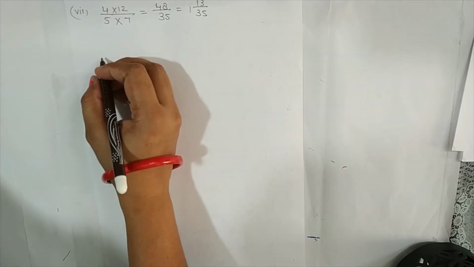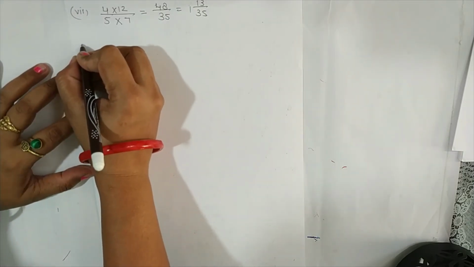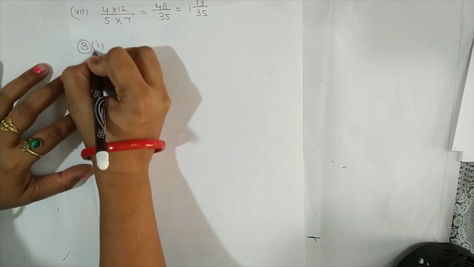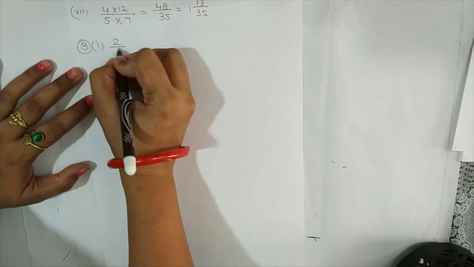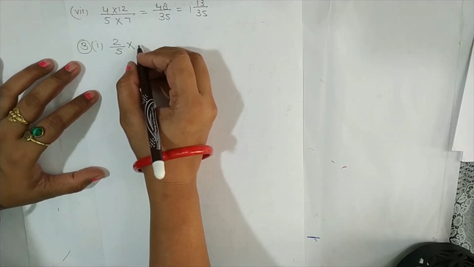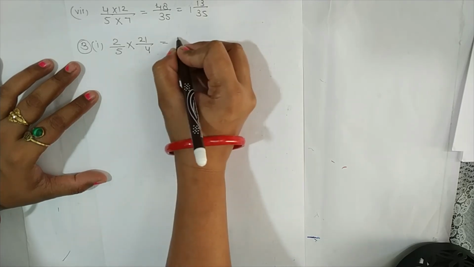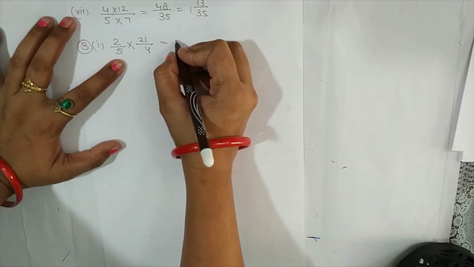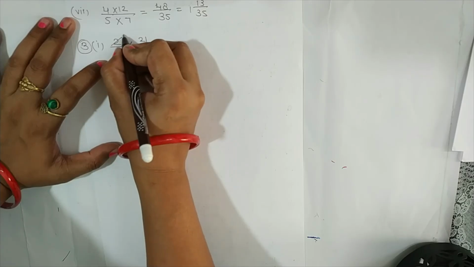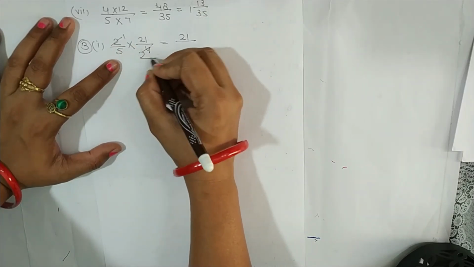Question number 3. Multiply the following fractions. Same question. First we have to convert mixed into improper. So 5 1 4 can be written as 21 upon 4. So 2 1s are 2, 2 2s are 4. So 21 upon 5 2s are 10.